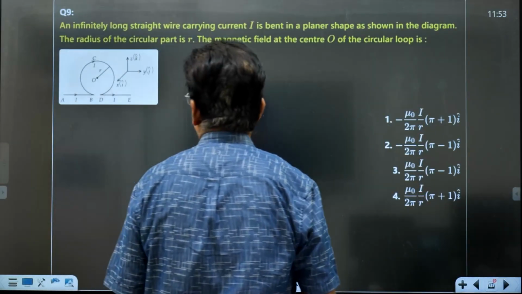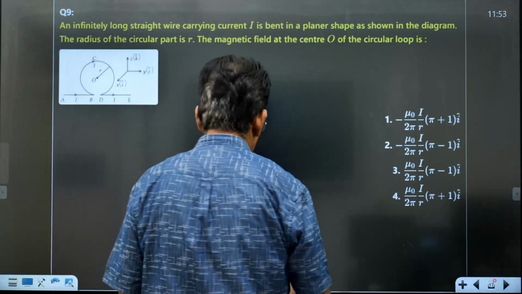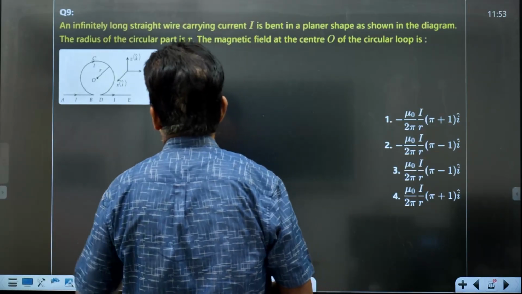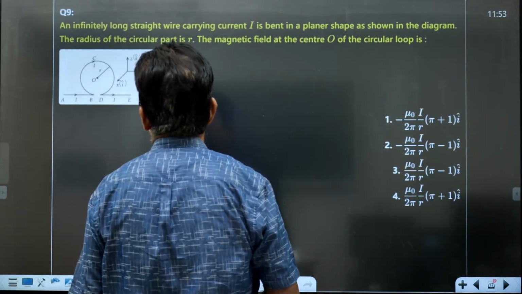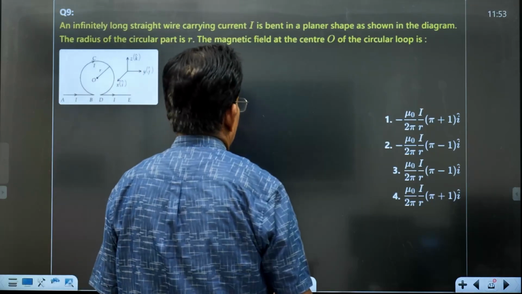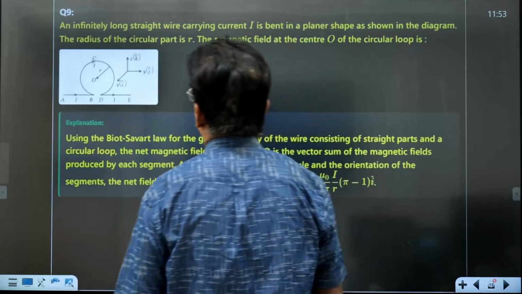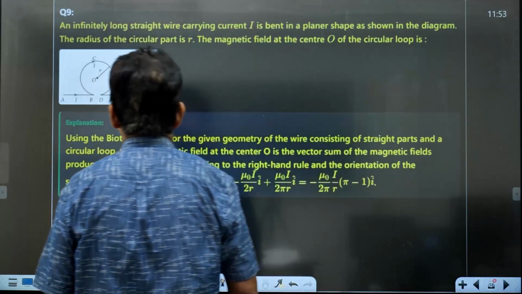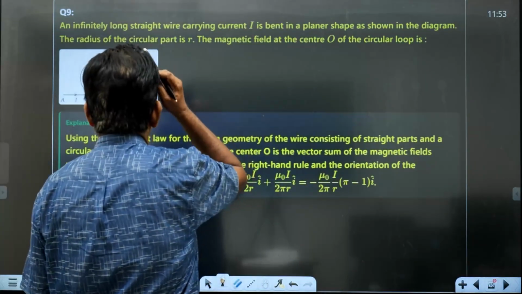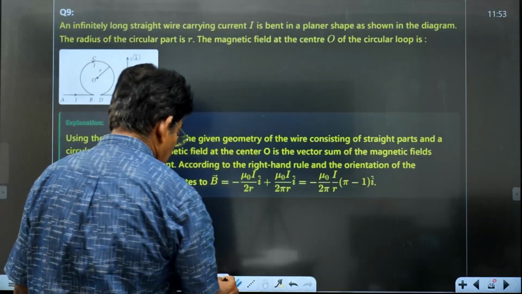Look here, the diagram is complete. Look here, a current carrying loop with a small discontinuity. Is there an answer? Yes, the answer part has a diagram. Tell me, we have to calculate the magnetic field at O, the center.